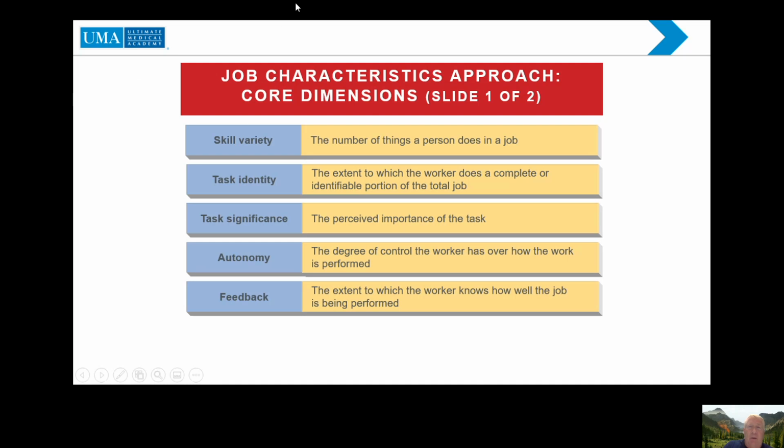The core dimensions are skill variety, task identity, task significance, autonomy, and feedback. So this is kind of a cool way to describe any specific job. If you break it down into all of these components, I think it adds a little more meaning to your job. Variety is the number of things a person does in a job.